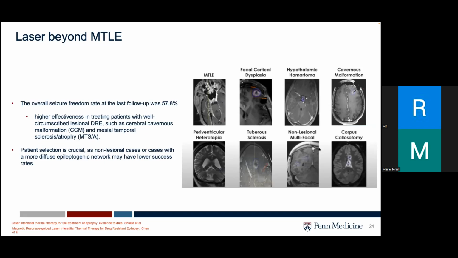What they found was that LIT was effective in patients who had well-circumscribed lesions, like your cavernous malformation or mesial temporal sclerosis, and it was less effective in non-lesional cases or cases which had a more diffuse epileptogenic network or were associated with generalized seizures. Some of the positive predictors were obviously the presence of a lesion, and poor predictors were non-lesional MRI or generalized seizure semiology, which had a faster time to seizure recurrence following laser interstitial thermal therapy.